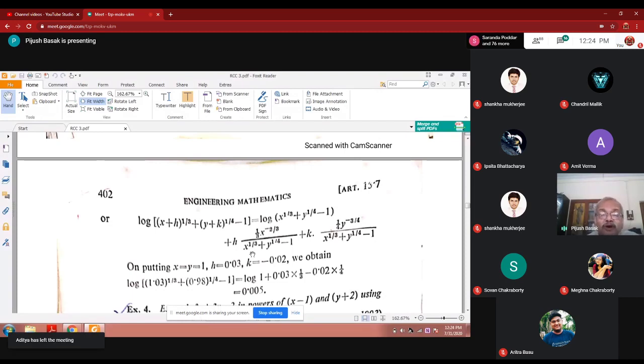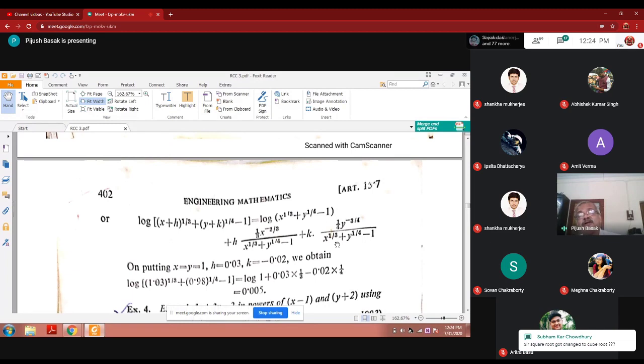Because of the logarithm, it will come down. Then you differentiate the internal part, 1/3 x to the power minus 2/3. Similarly, k del f del y. So the logarithm is there, so 1 by x to the power 1/3 plus y to the power 1/4 minus 1, and the earlier one is 1/4 y to the power minus 3/4.